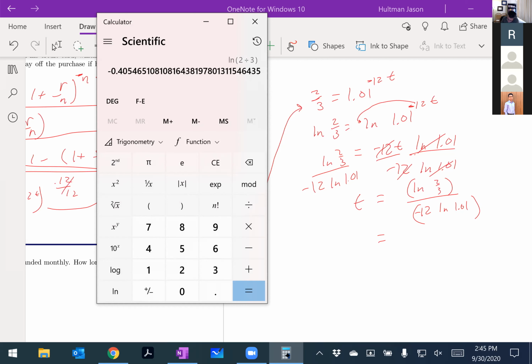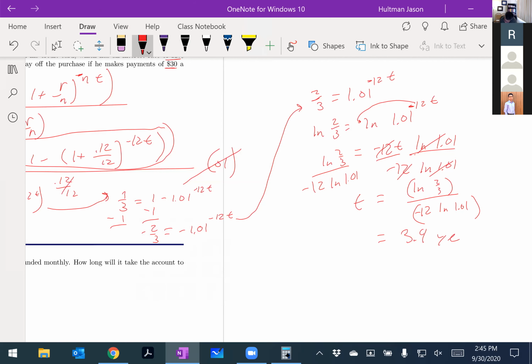Take the natural log of that and then divide by parentheses negative 12 times the natural log of 1.01, close parentheses, equals, and that's 3.39, or basically 3.4 years. And that's how you solve for time. You have to use natural log.